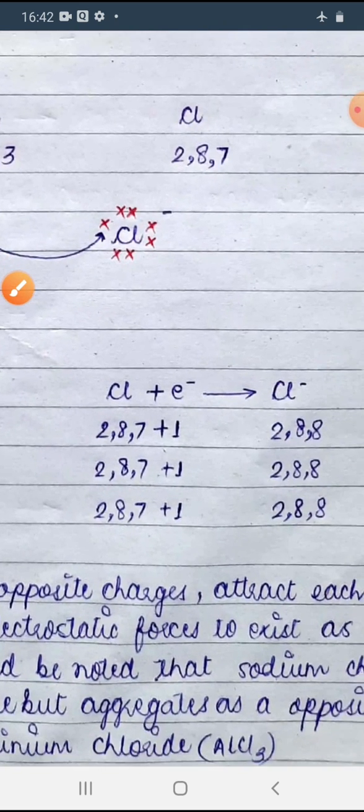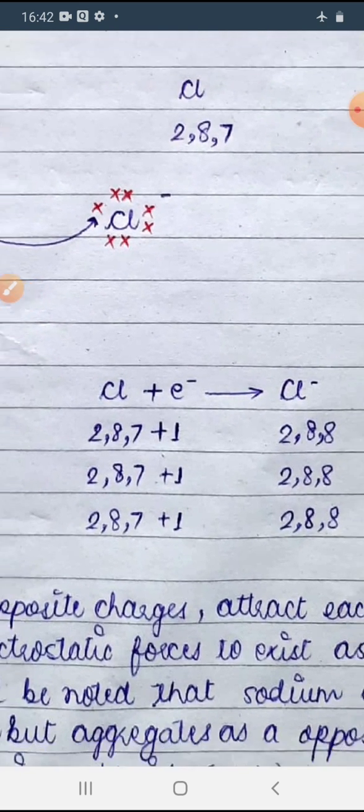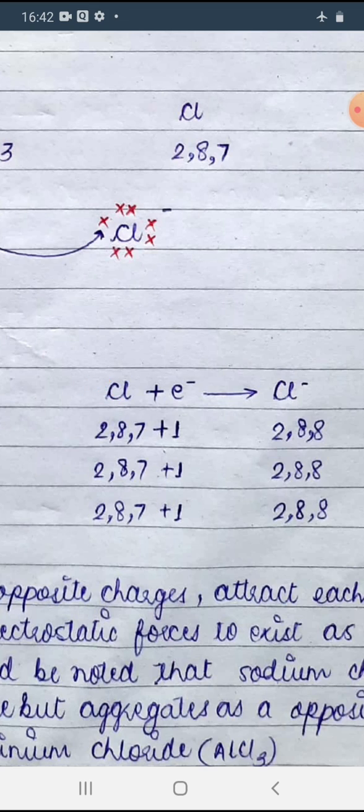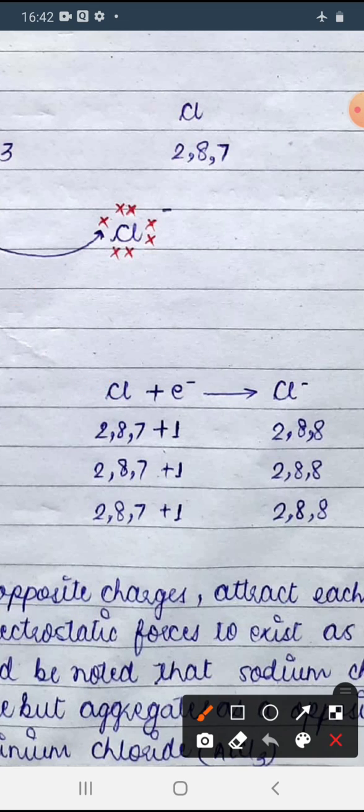And in the case of chlorine, you can also write it in this way: 3Cl, when it gains the electrons, these 3 electrons, you can directly write 3 negative charge. 3Cl has 3 negative charge.